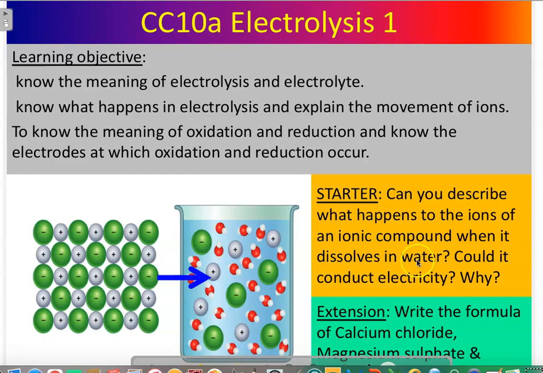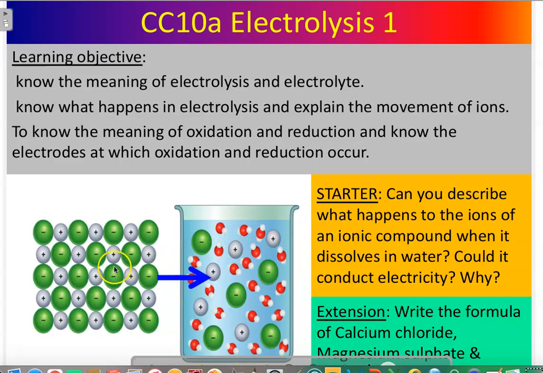Now, this question can be explained in terms of the solid and an ionic compound that has been dissolved in water. We know from our bonding that ionic compounds are made of ions, positive and negative ions being attracted to each other electrostatically.